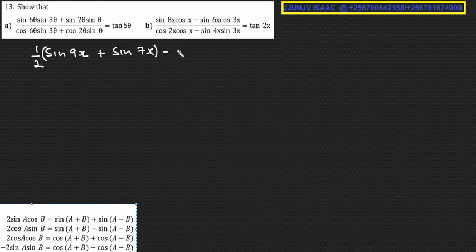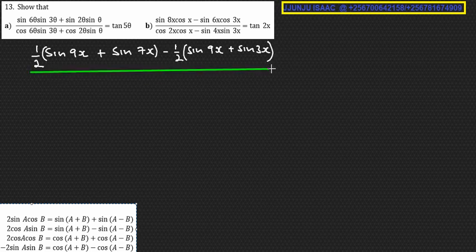Then minus a half, then sine when you add them, that is 9x, plus sine when you subtract them, which is 3x.